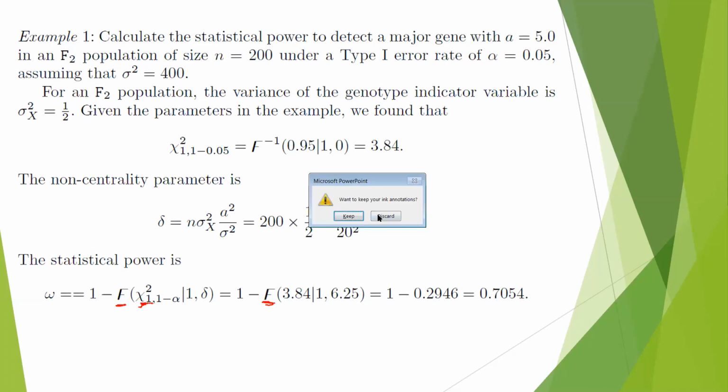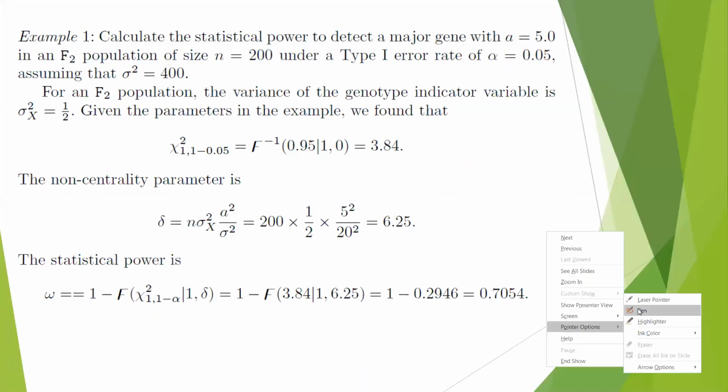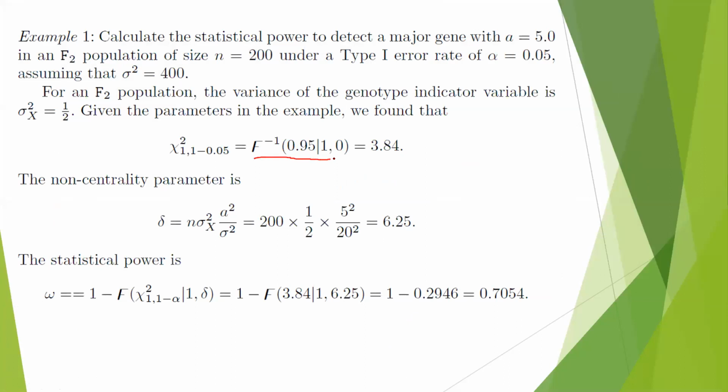One more. Yeah, go ahead. In the first line, we have the notation, the function of 0.95 given 1, 0. Where did this 1, 0 notation come from? How is this defined? Okay, so first, when we calculate this, we need to use the null hypothesis, so this is a central chi-square.